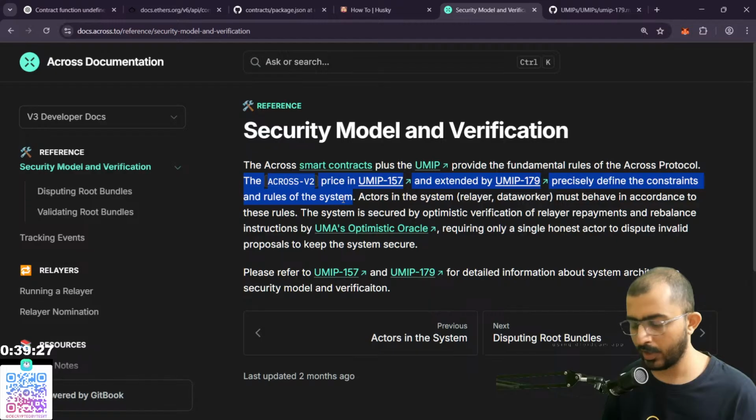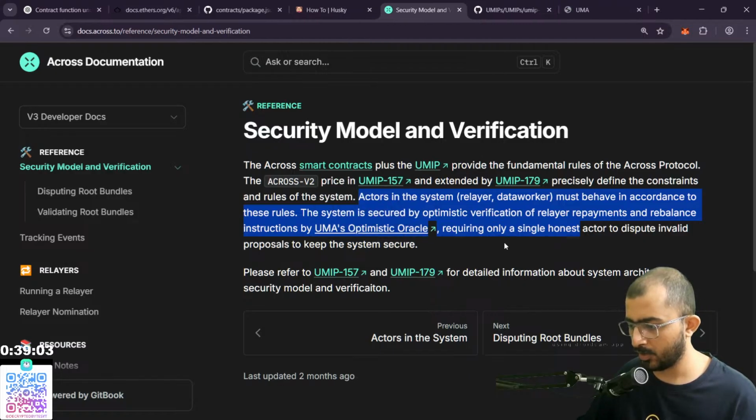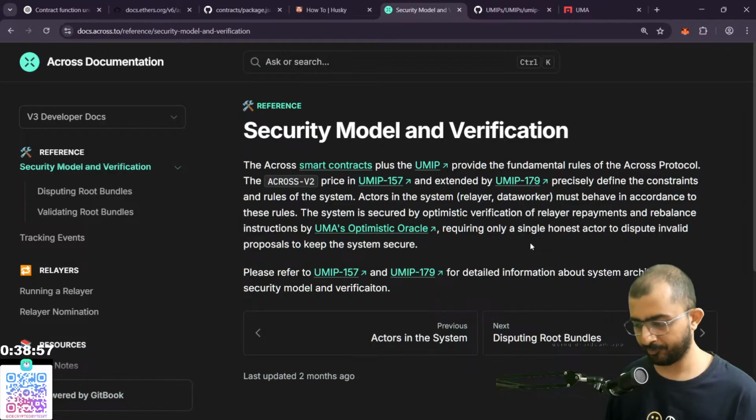Across actors in the system, relay, data worker must behave in accordance to these rules. The system is secured by optimistic verification of relay repayments and rebalance instructions by UMA's optimistic oracle, requiring only a single honest actor to dispute an invalid proposal to keep the system secure.